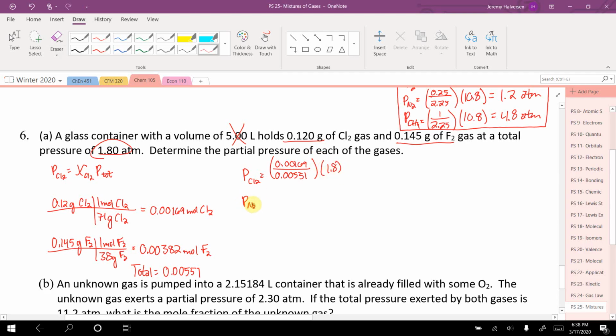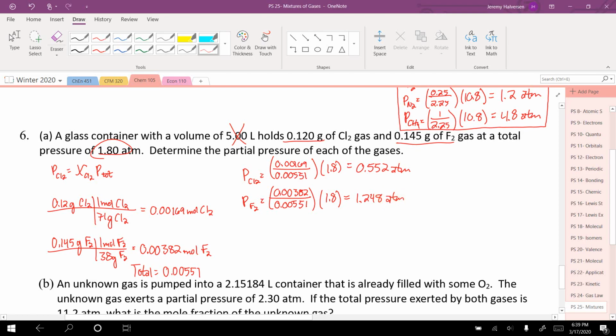And the pressure of F2 is going to be the mole fraction of F2 times the total pressure, 1.8. And I got 0.552 atmospheres for Cl2, and for F2 I get 1.248 atmospheres.